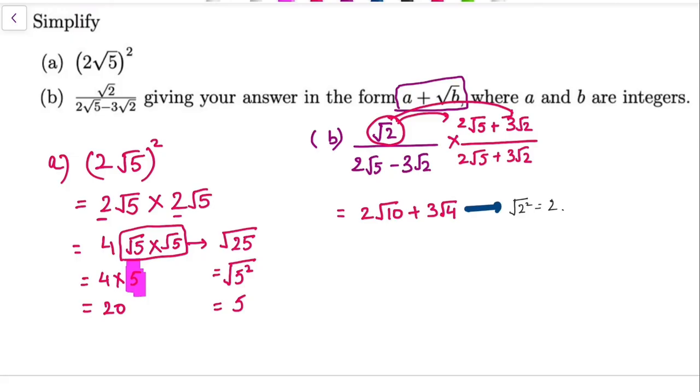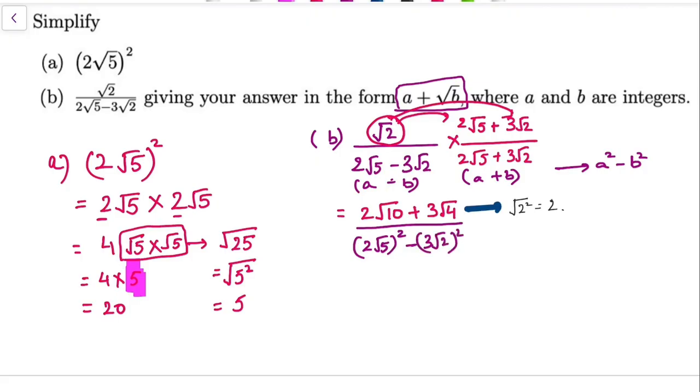All right, so in the denominator we have a plus b as the first term, and a minus b as the next term, so that will become a square minus b square. So that will be 2 square root 5 whole square minus 3 square root 2 whole square.